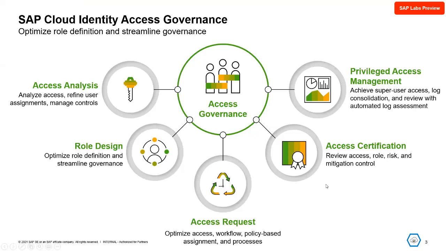For those of you who are probably not familiar with the Identity Access Governance solution, we basically address the access control and access governance needs for cloud, on-prem, and hybrid solutions, with segregation of duties violation risks and critical access risk analysis, and sophisticated role design.